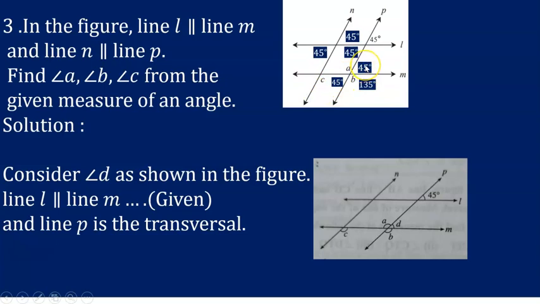As this is 45, these two are a linear pair, therefore their sum is 180. 180 minus 45, you will get 135. Measure of angle B is 135. Next, the measure of angle C is also 135 because these two are corresponding angles. Measure of angle A is also 135, as they are vertically opposite angles.